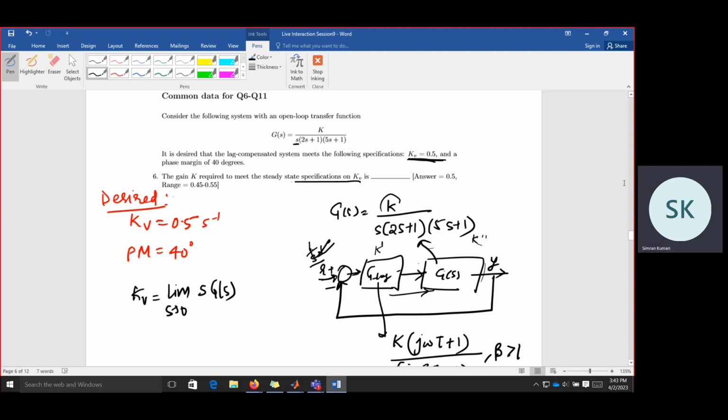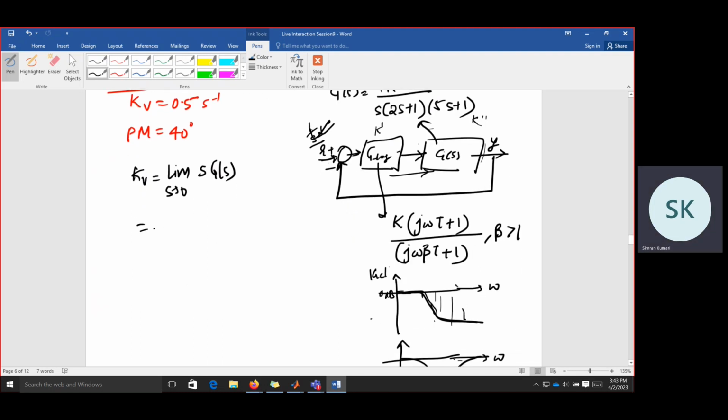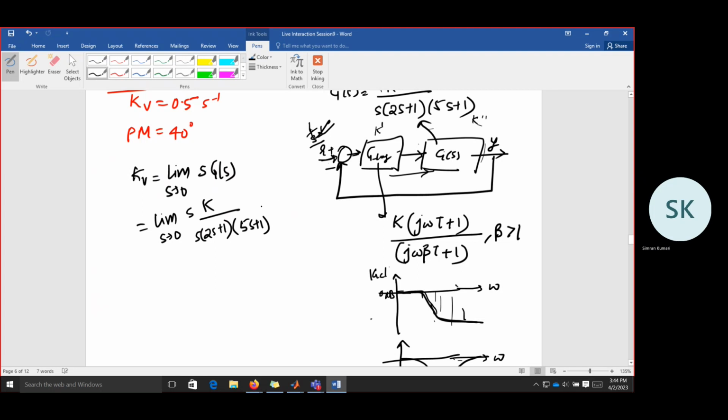Now this is simply limit s tending to 0 of s G(s). So just equate it. What do we get? Limit s tending to 0 of s times K by s, 2s plus 1 and 5s plus 1, and this would be equal to 0.5. So this s cancels out, and K equals 0.5.